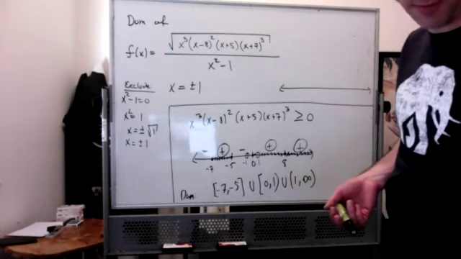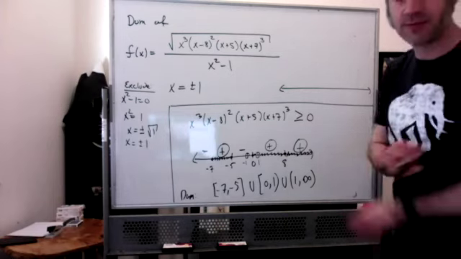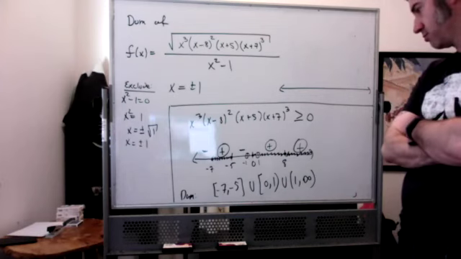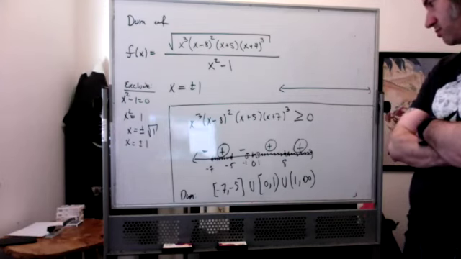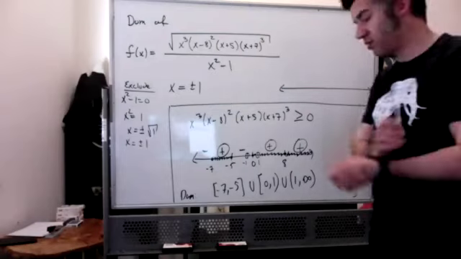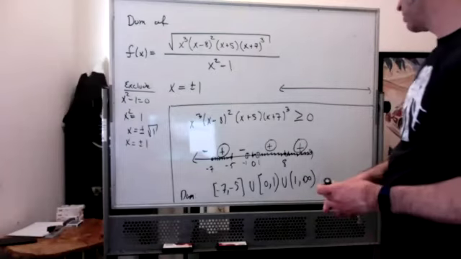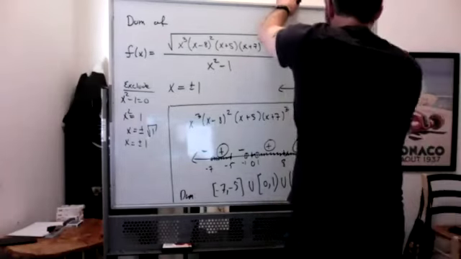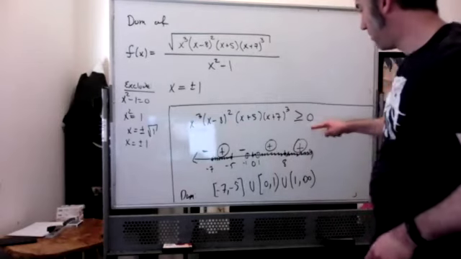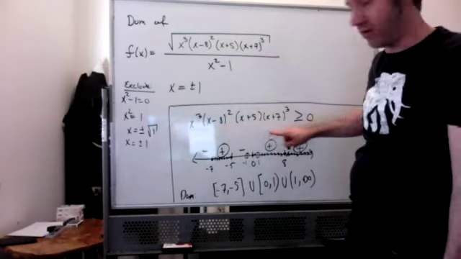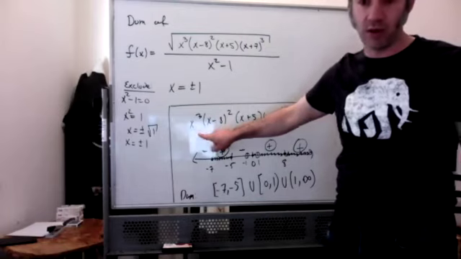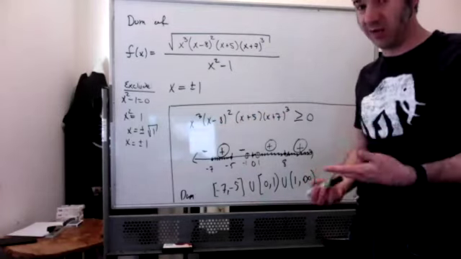Questions about this one? Could you explain how you got the positives and negatives again? Sure. What I'm doing, I'll do it up here again. This expression here has to be positive or 0. I'm taking all the numbers that make it equal to 0.